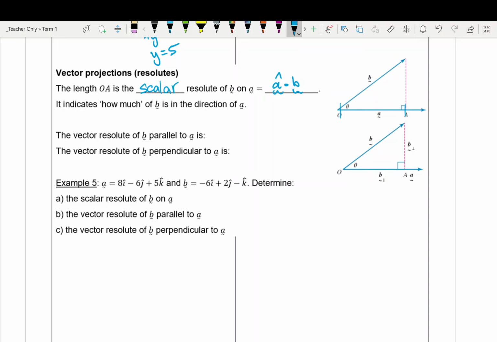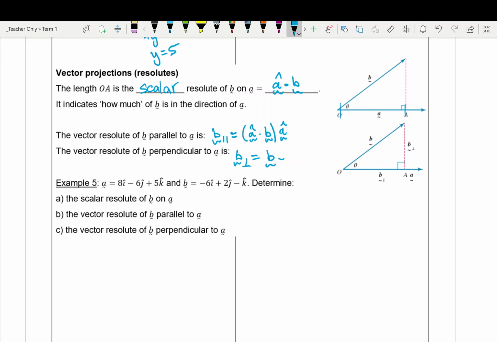The vector resolute of B parallel to A is given by, we draw B with these parallel lines, and it's equal to the scalar resolute that we just looked at, but that then gets multiplied by the unit vector A. And if we're looking for the perpendicular vector, just a reminder, we take B and we subtract B parallel.